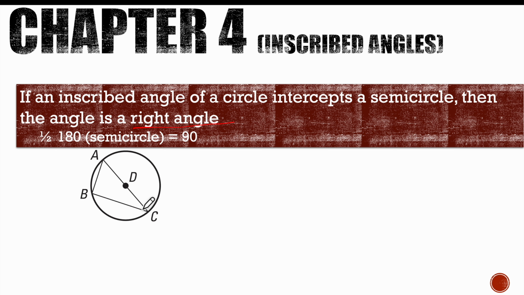Because a diameter is 180 degrees, and the inscribed angle will be half of 180, so it will be 90 degrees. Remember that any inscribed angle you make from a diameter will always be 90 degrees.